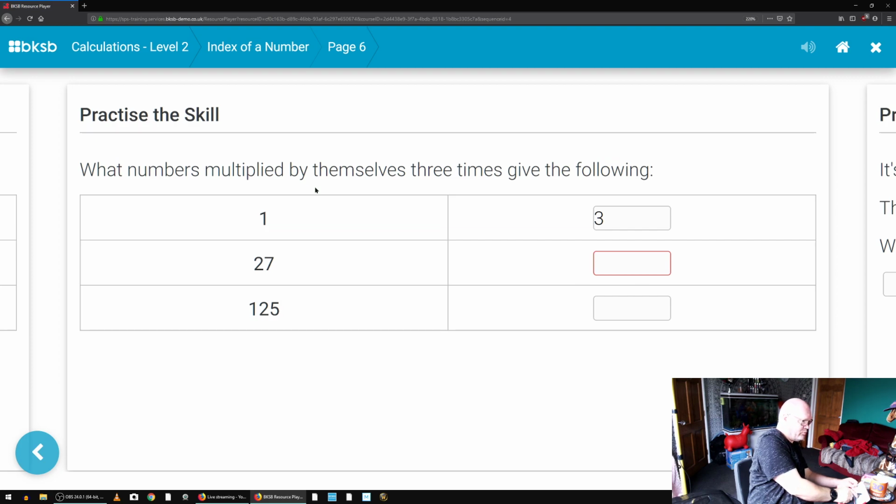Oh, so no, yeah. What numbers multiplied by themselves give the following? Well, that's 9 times 9. No, there isn't any other 27. That doesn't make sense.